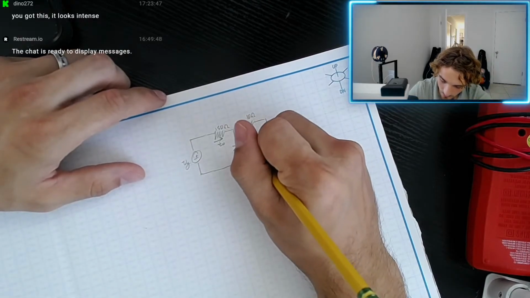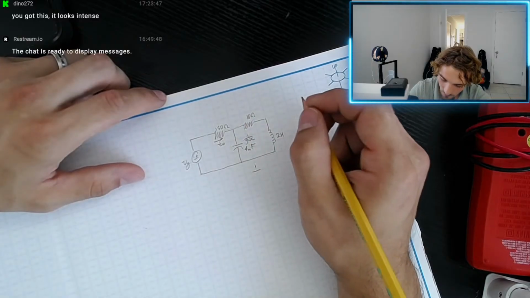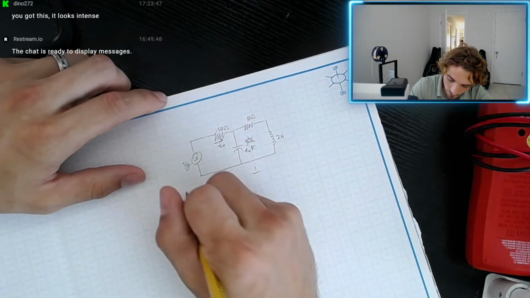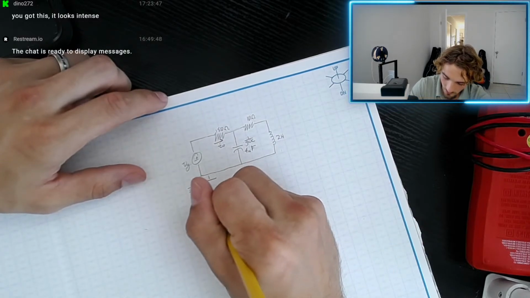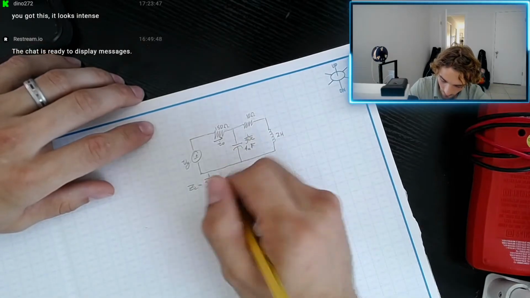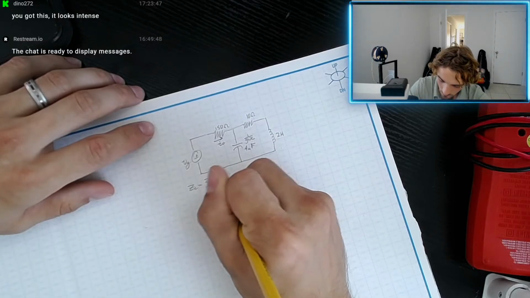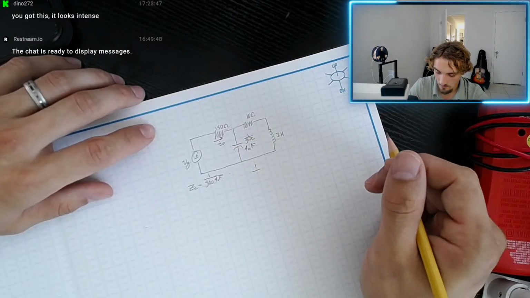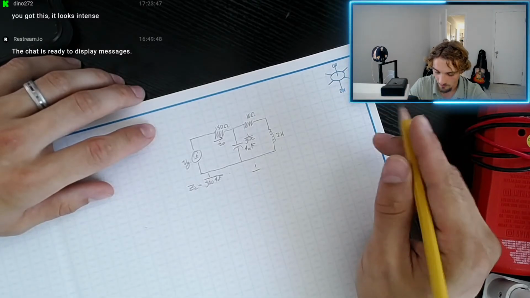So 4 millifarads, J omega C. ZC equals 1 divided by J omega 4 millifarads. And then we put it into phasor form.